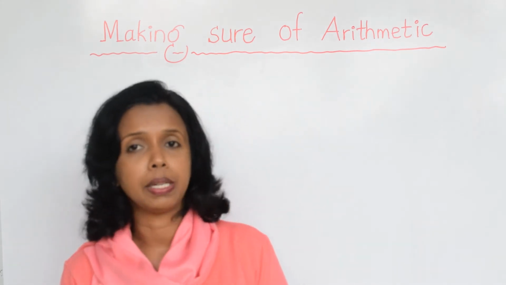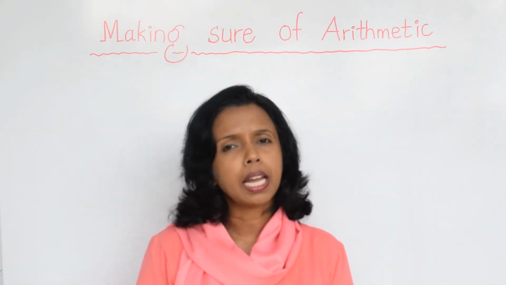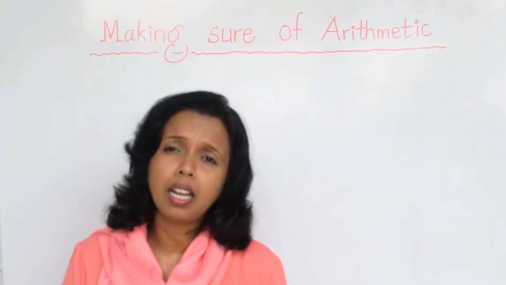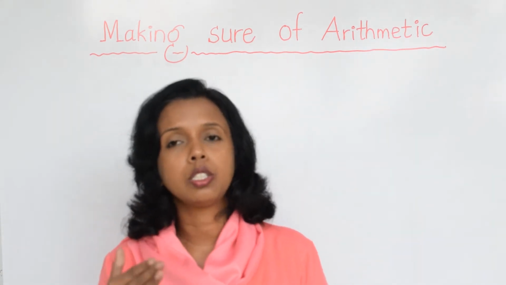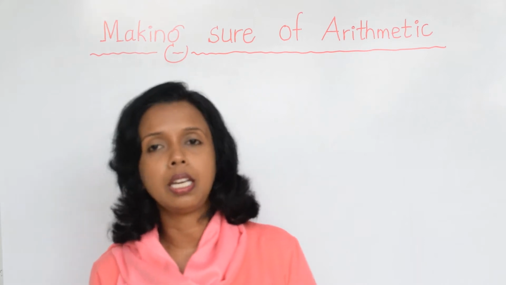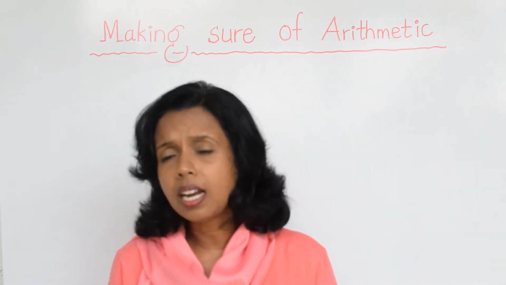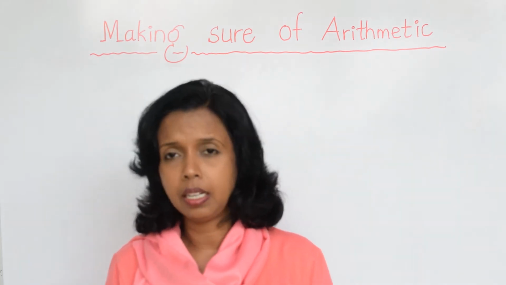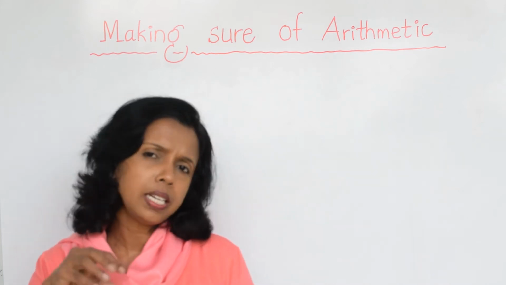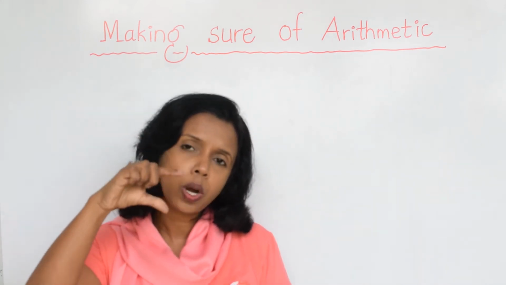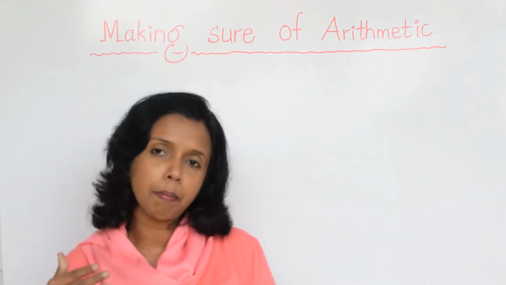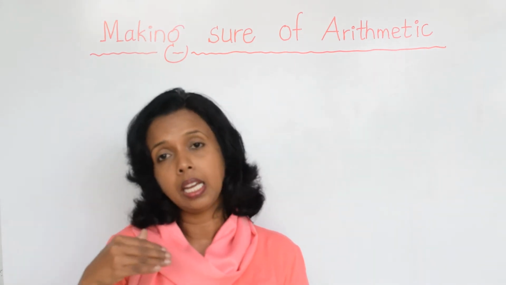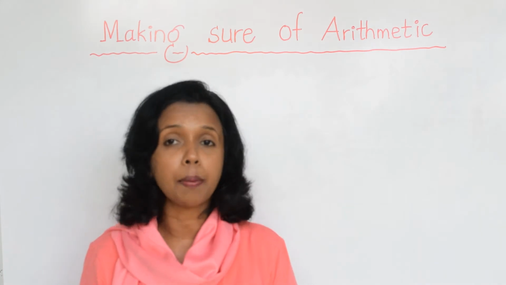What are multiples? Can you remember? We studied the times tables. 2 times 1, 2 times 2, 2 times 3, 2 times 4. We studied them, right? So what we did, children, is you take one particular number and multiply that same number by different natural numbers.